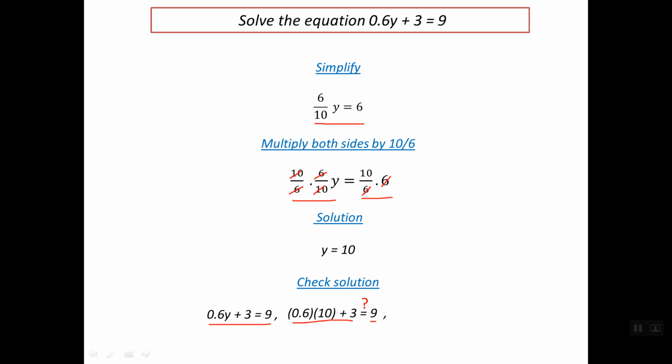We can simply simplify the left side. 0.6 times 10 is equal to 6, plus 3 is equal to 9. So 9 is equal to 9. So the solution is correct. We conclude that y equals 10 is a solution for the linear equation above.